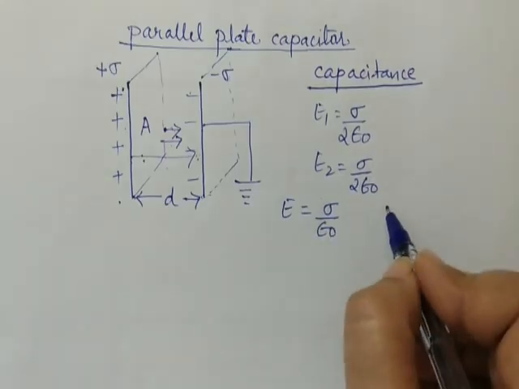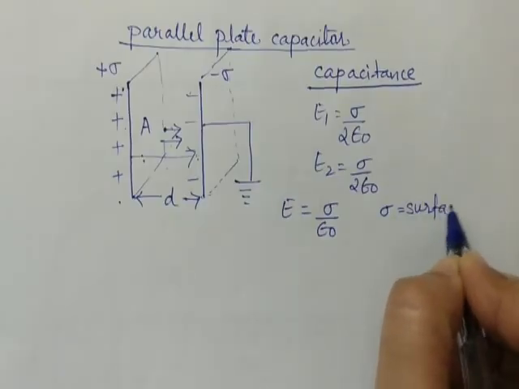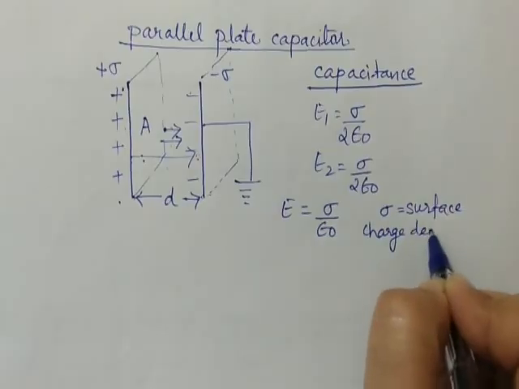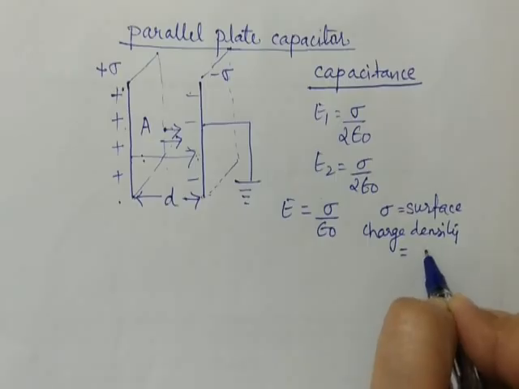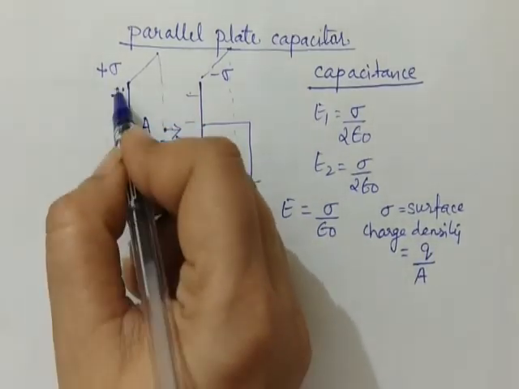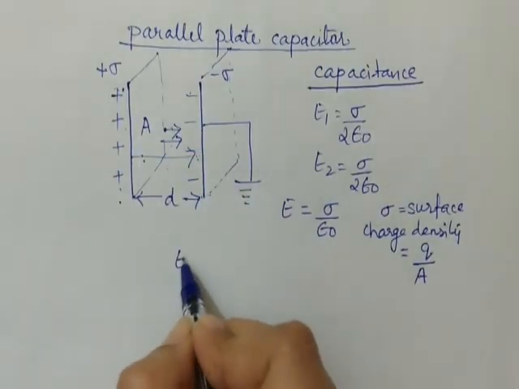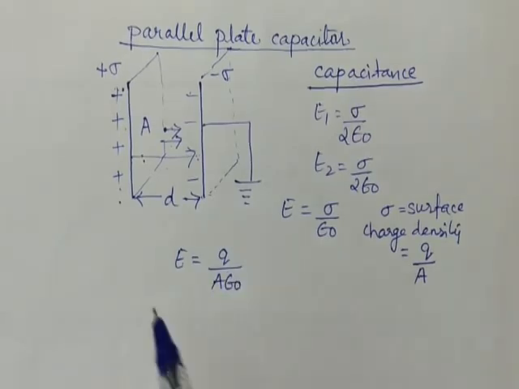Now here sigma is the surface charge density, and its value is Q upon the area of the plate, where Q is the charge present on one plate. So E will be equal to Q upon A epsilon naught.